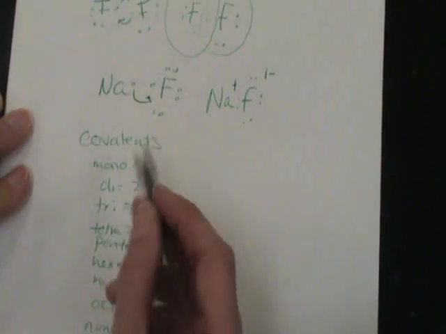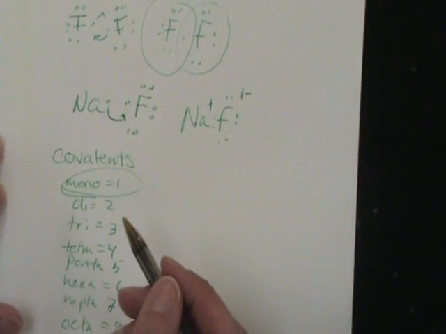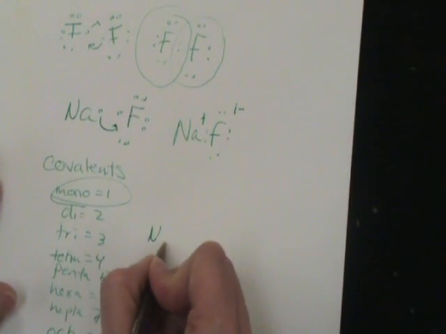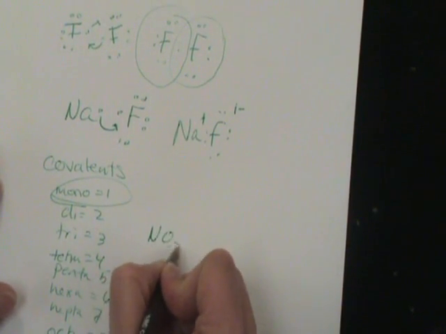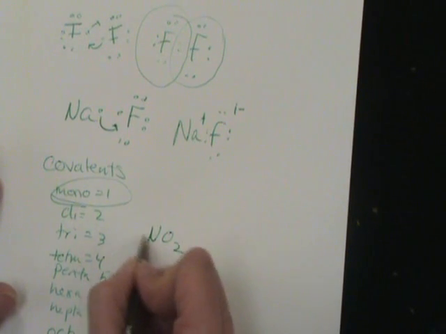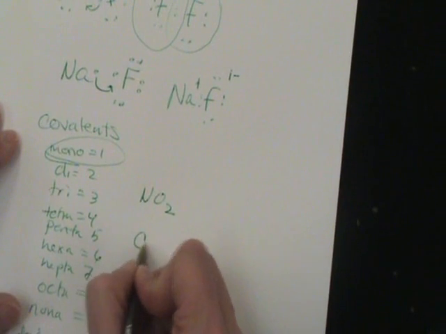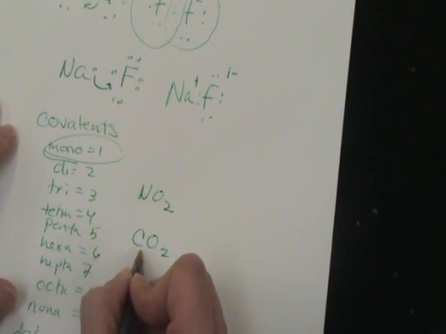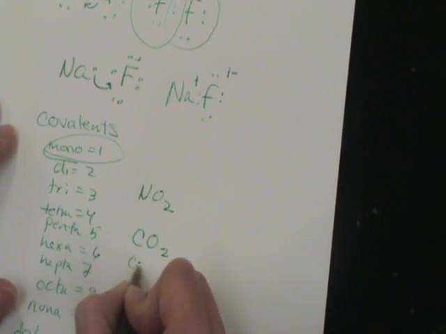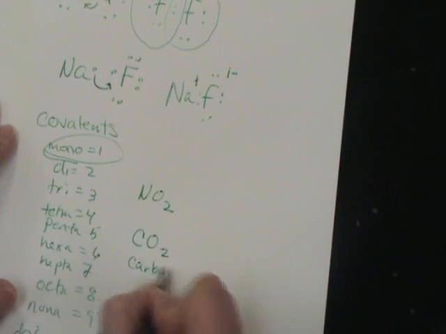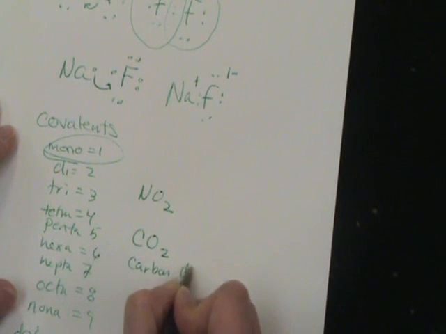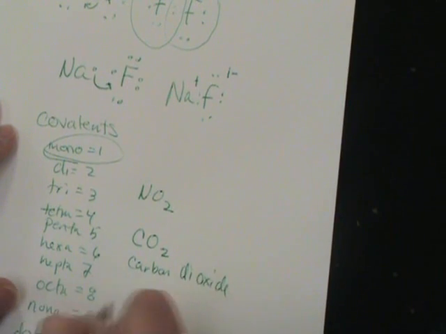Now, the only time we don't use mono is when you have something like this. If we have NO2, if it's the first one, we don't use it. Okay? A good example of this is carbon dioxide. This is one single carbon, but we call this carbon dioxide.